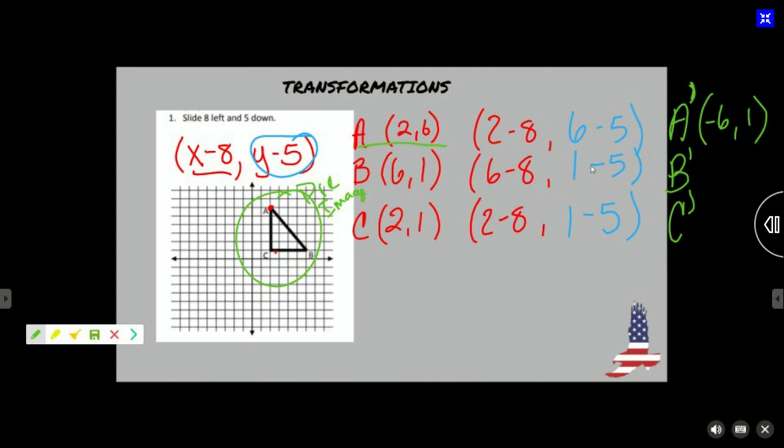Six minus 8 and 1 minus 5. 2 minus 8 and 1 minus 5. All right, we got one more thing to do. What do you think that one more thing to do is? I gotta go plot these points. I gotta go put these on here.